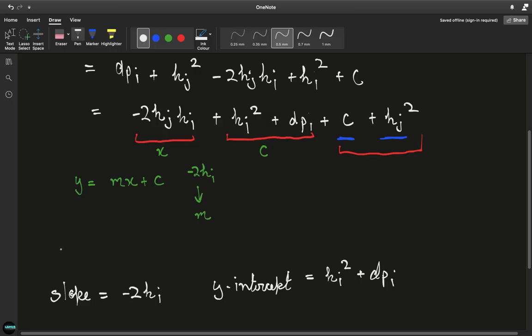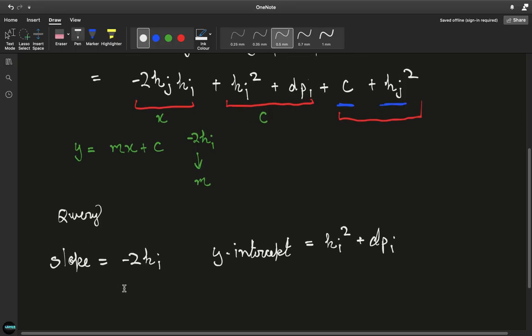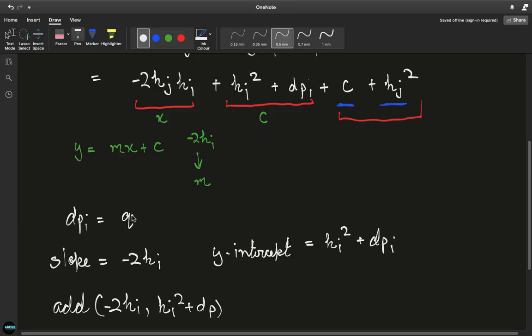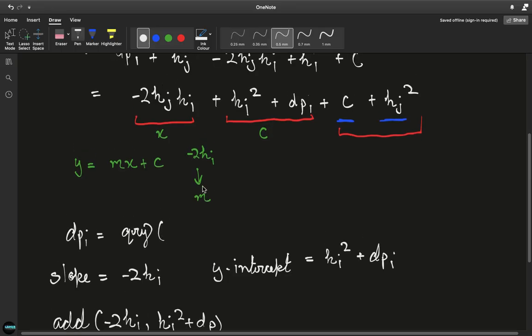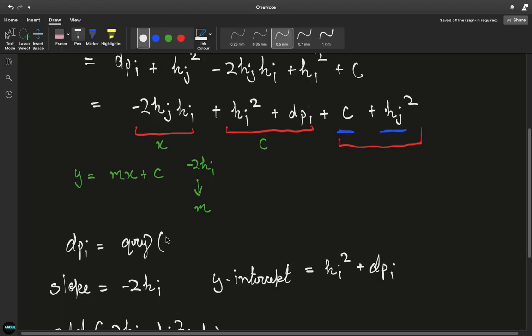And what about querying for a line? So this was addition: we just say add, the slope is this and the y-intercept is that. Now when we query, we say that dp of I is equal to query, and what was the query value?